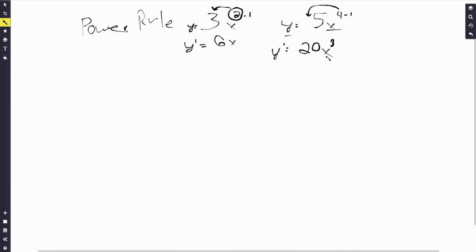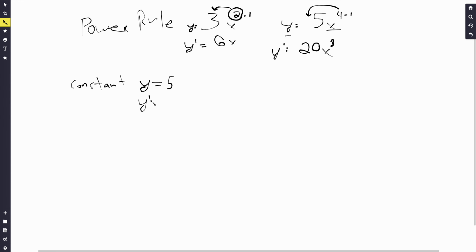Now let's go to the constant rule. This rule is, I feel like, the simplest one to understand. So basically what the constant rule is that if we have any y function, y is equal to 5, for example, the derivative of that will always equal 0.